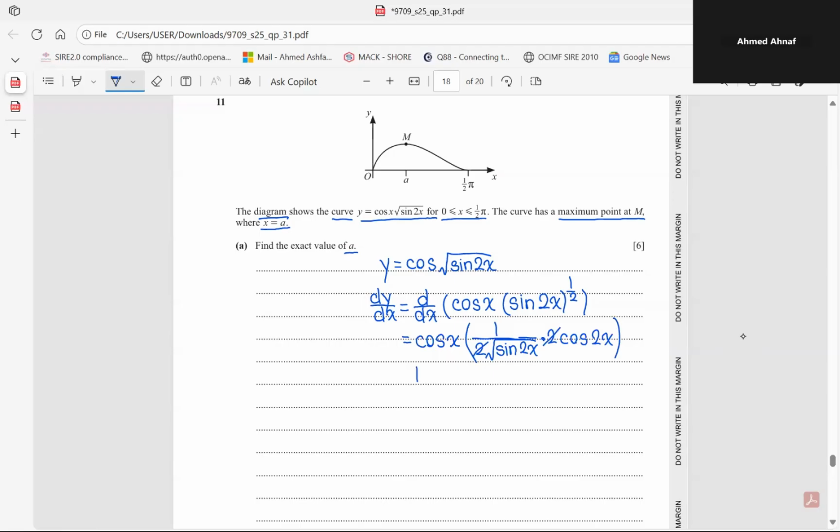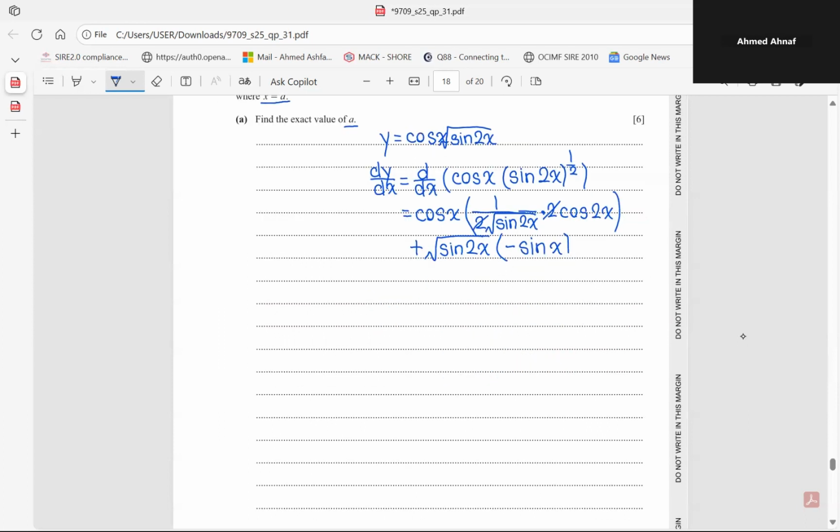And now we're going to keep square root sine 2x and differentiate cosine x, which is just minus sine x. So simplifying everything we got, this would basically just be cosine 2x times cosine x over square root sine 2x minus sine x times square root sine 2x.